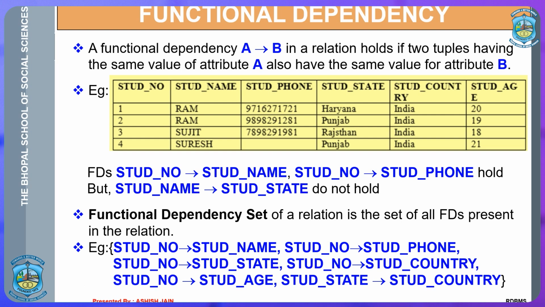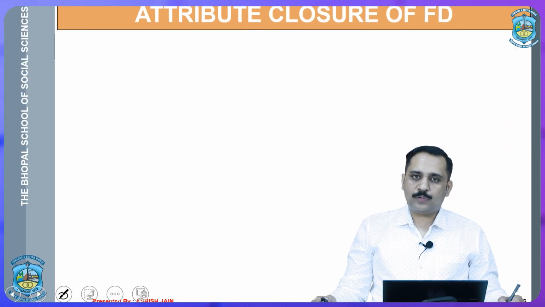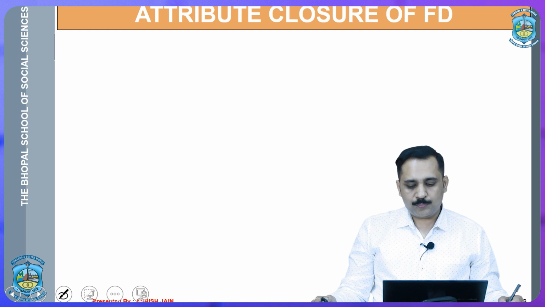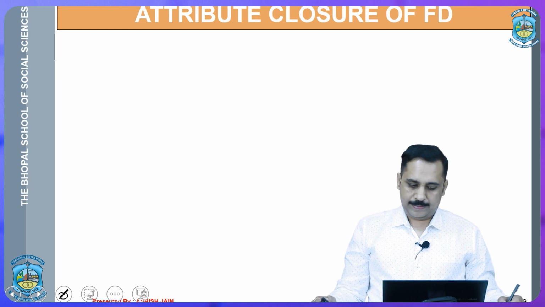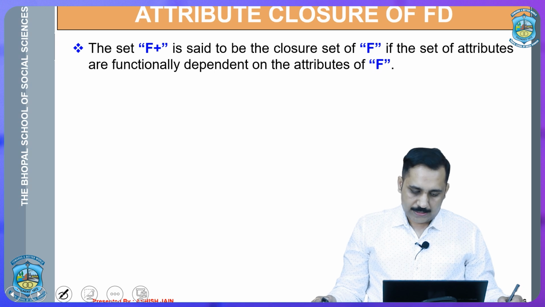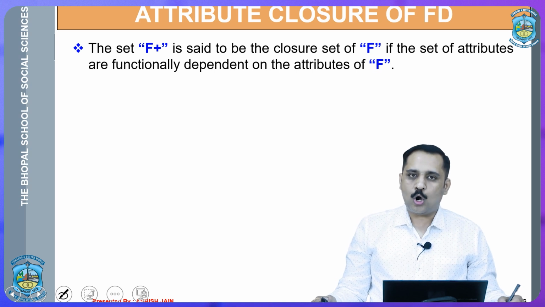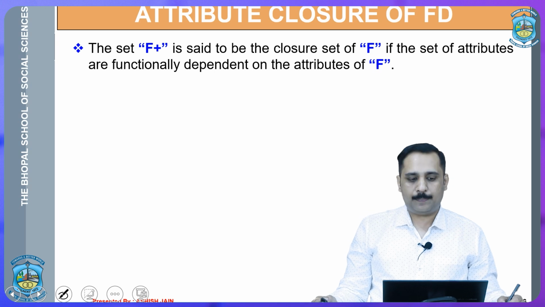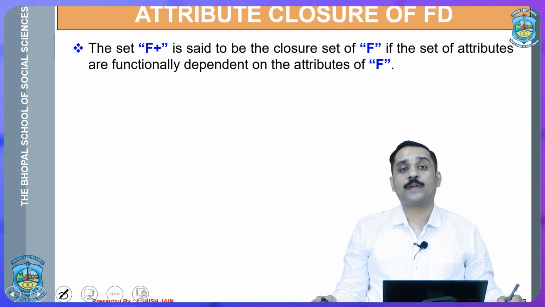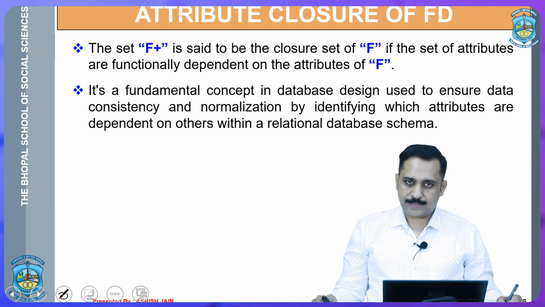Now we come to the first topic of this module, which is attribute closure of the functional dependencies. In short, we say it as FD. A set F plus is said to be the closure of a set F if the set of attributes are functionally dependent on the attributes of set F. Let us understand it better.